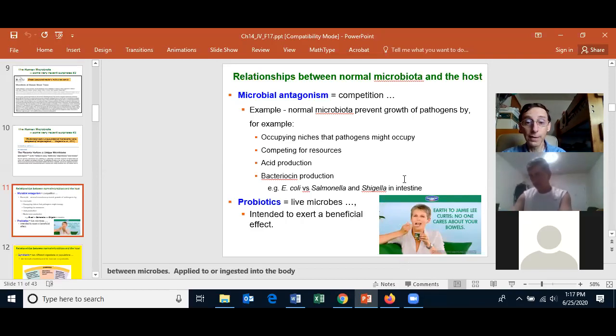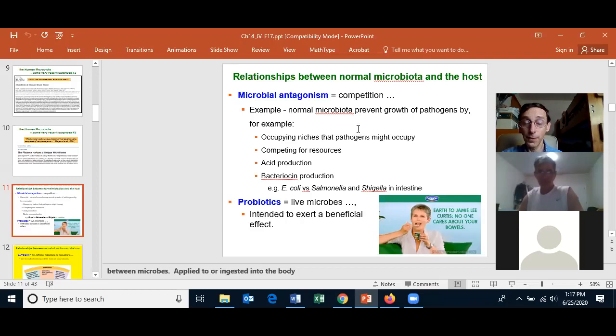If you just get one Salmonella cell in your gut, it's likely not going to colonize your gut because the normal microbiota are going to be antagonistic with it, and it won't grow and colonize your gut. On average, humans need to consume about 500 Salmonella before they will colonize you and cause disease. Any question about any of that?